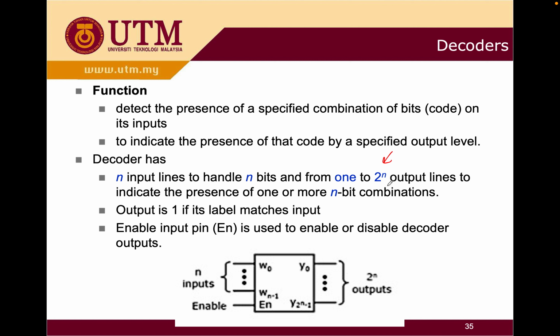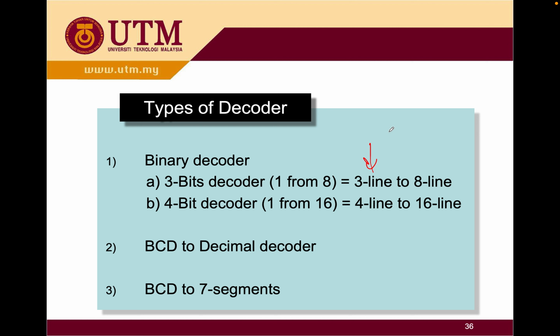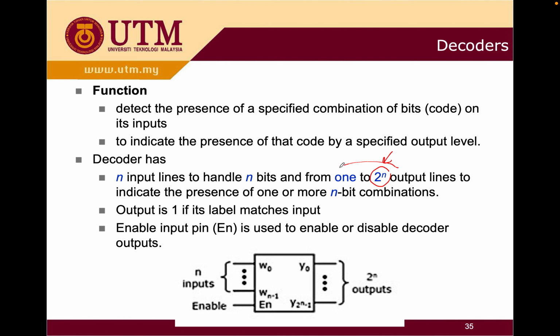This is the maximum number, 1 to something, and 2 to the power of 3 equals 8. You can see here, 2 to the power of 4, you're going to have 16. So that's why you're going to use this formula for your decoder. For decoder, what else? It's also going to apply this one. So I guess you need to remember this one.